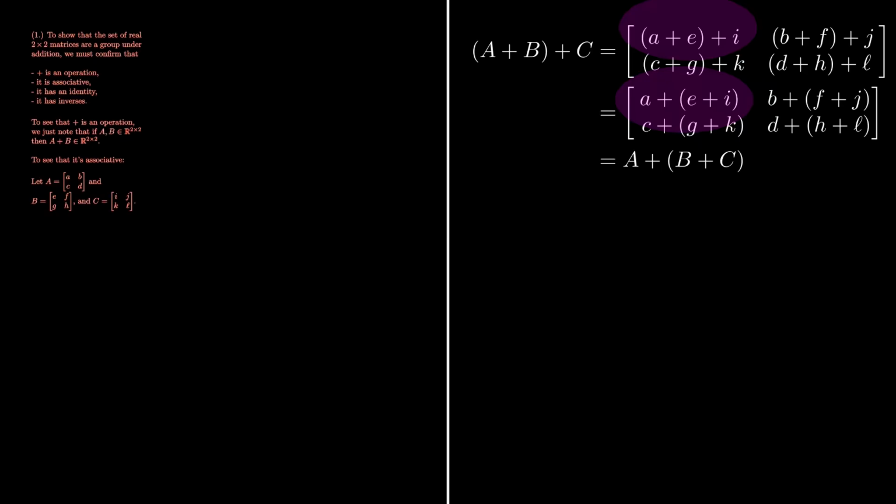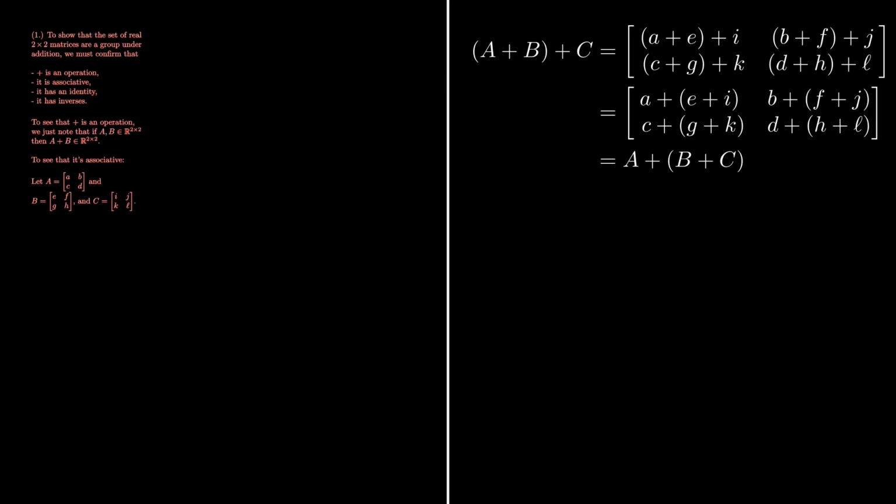I haven't yet said what the axioms of the real numbers are, but we know that eventually we're going to have that the real numbers are associative under addition. And so that's how I'm shifting the parentheses inside the coordinates. That is basically a reference to the associativity of addition for the real numbers.